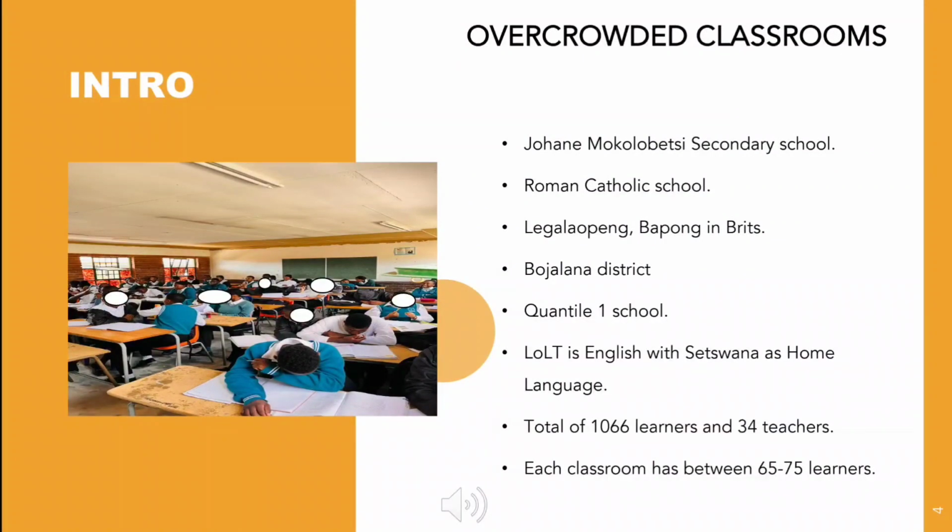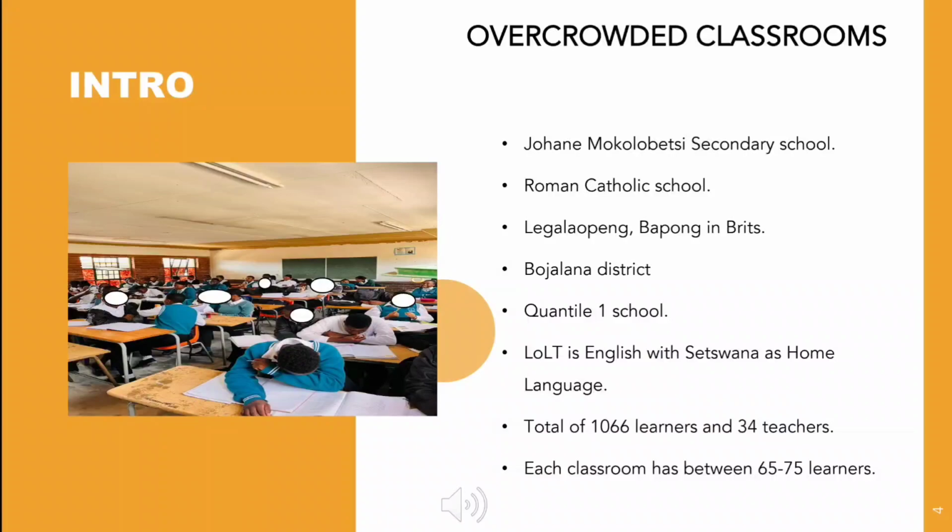The specific area in which we feel quality assurance is necessary in the school that we have chosen is overcrowded classrooms. The school that we have chosen is Johann Mokolobeti Secondary School, which is a Roman Catholic school based in Bapong in Brits, under the Bujanana district.